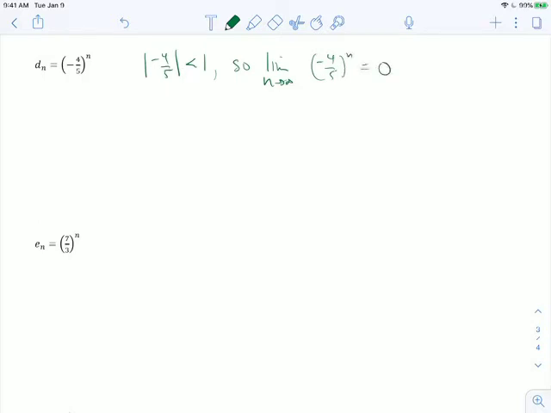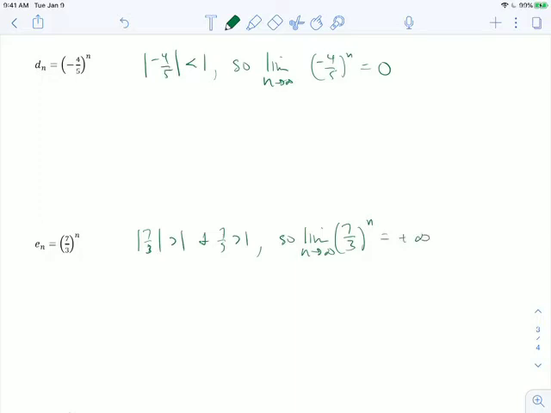Whereas in our other example, the absolute value of 7/3 is bigger than 1. It's positive. So we would get to conclude that the limit as n goes to infinity of (7/3)^n is positive infinity.